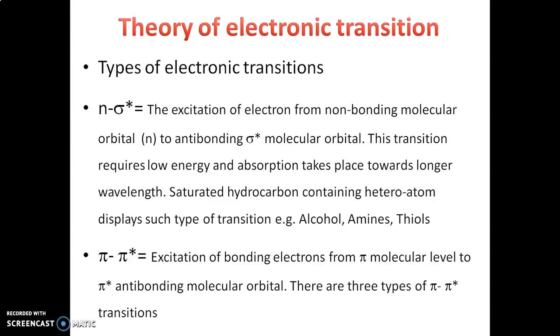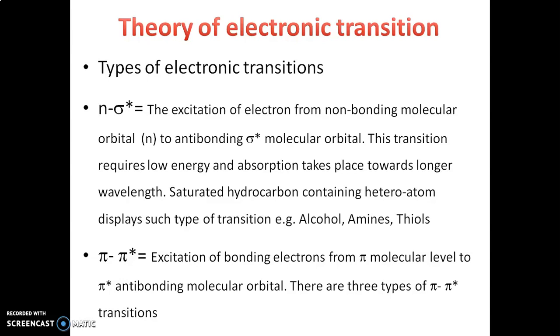The further main transition which gives us important information about the molecular structure is the pi to pi star transition. Whenever there is excitation of electrons from pi molecular orbital to the pi star antibonding orbital, such a transition will be called a pi to pi star transition.